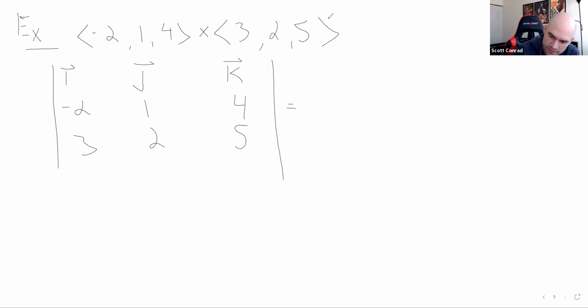And just to remind ourselves, let's do our plus, minus, plus. So we have I times, cross out the row and column, the determinant of 1, 4, 2, 5.